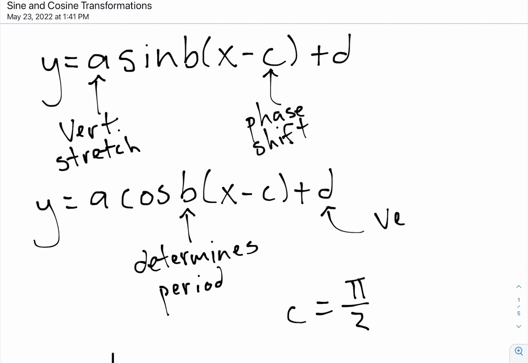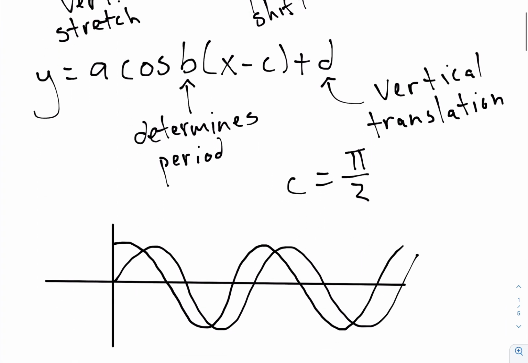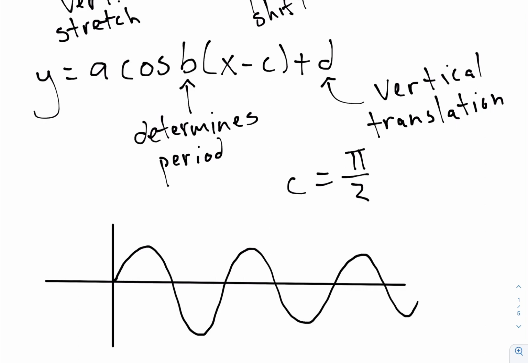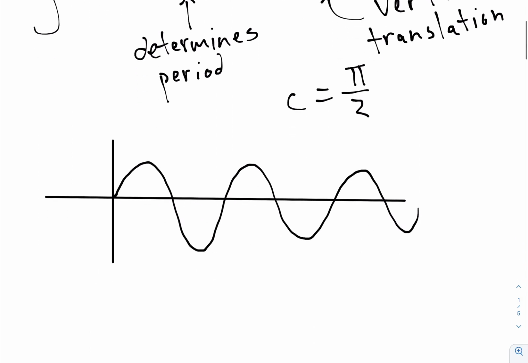d is called the vertical translation. This is probably the easiest transformation to find. For sine and cosine, the midline, the line that runs along the middle of the graph, is at 0. The average value for sine across an interval is 0, because if you draw a line straight through the middle, it's always along the x-axis where y is 0.